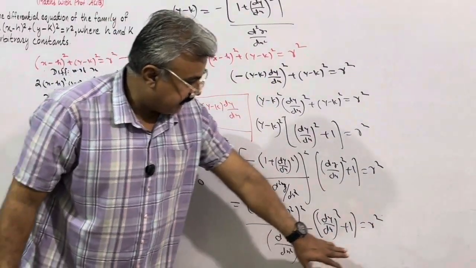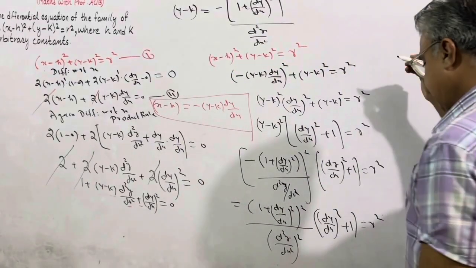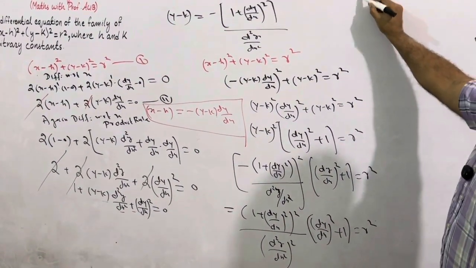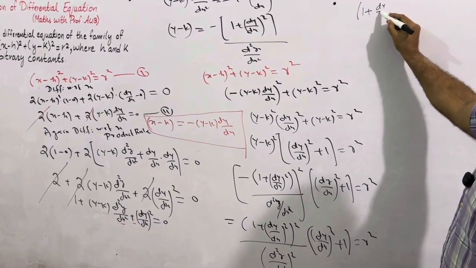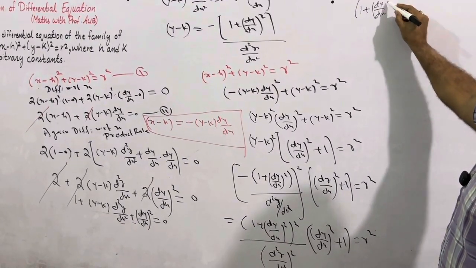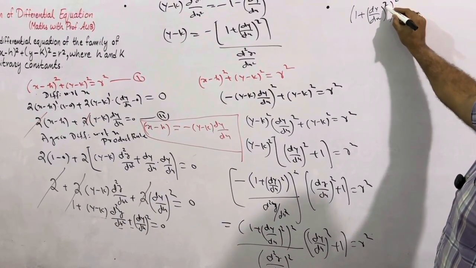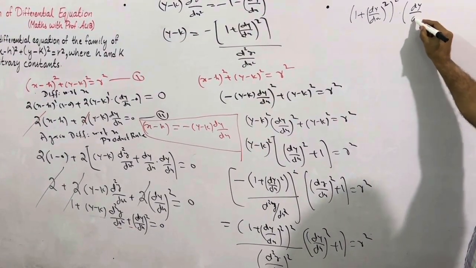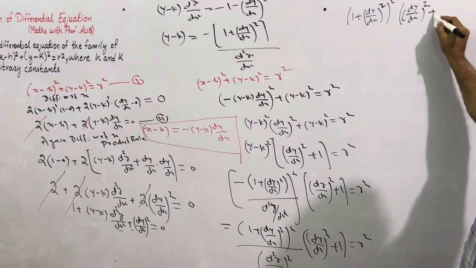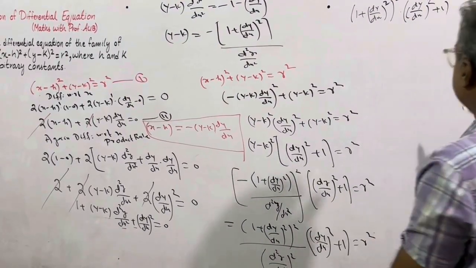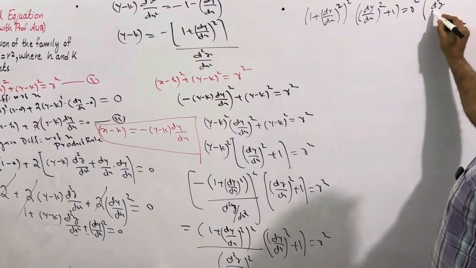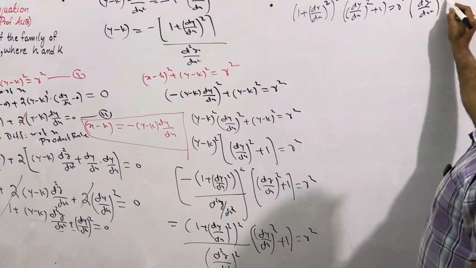Shifting this quantity here, we have something like, I have 1 plus dy over dx squared whole squared times dy over dx squared plus 1. Shifting this quantity here, it will become r square times double derivative squared.